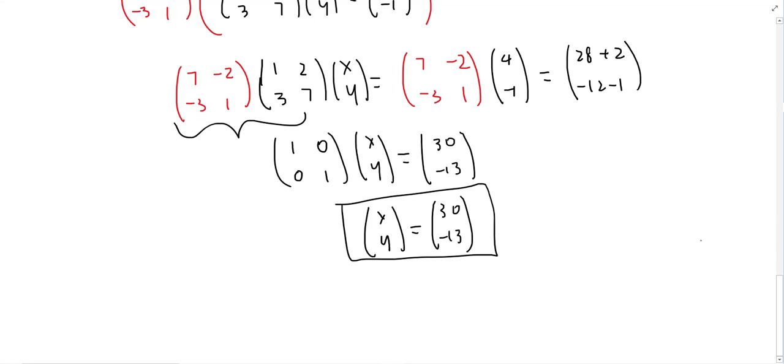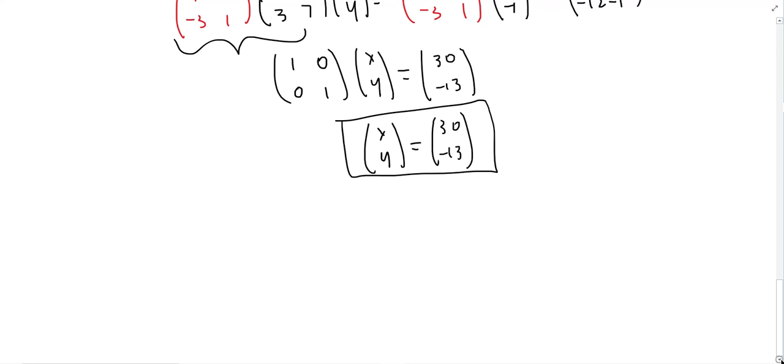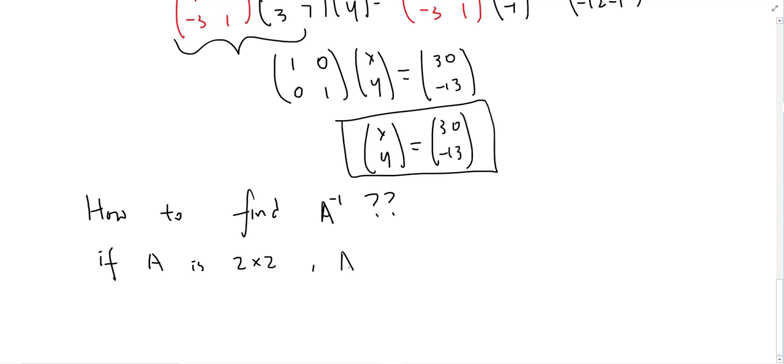So comes the big question. How do you find A inverse? Well, for 2 by 2 it's actually pretty easy. So for a 2 by 2 matrix, if A is 2 by 2, and let's say A is equal to a, b, c, d, then for A inverse there is actually a formula.